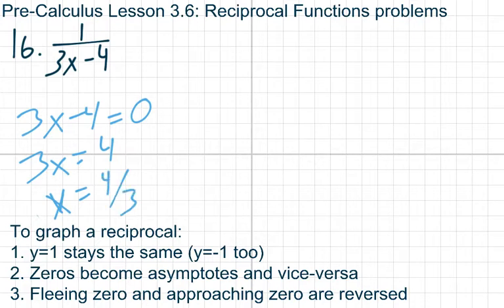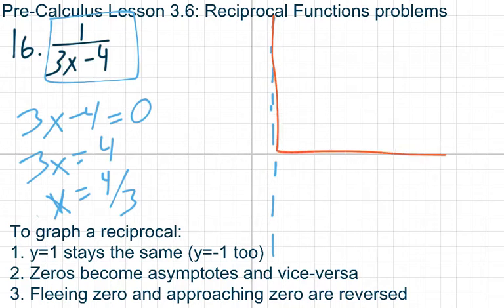Now, of course, that's somewhere right in here. Once again, these graphs don't have to be 100% perfect, but we do want to make them as accurate as we can. So that will be an asymptote. And from here, we can realize this original function would have been a linear function, and this new reciprocal function, 1 over 3x minus 4, is a positive function, which means on the right side of the graph, it needs to stay positive.